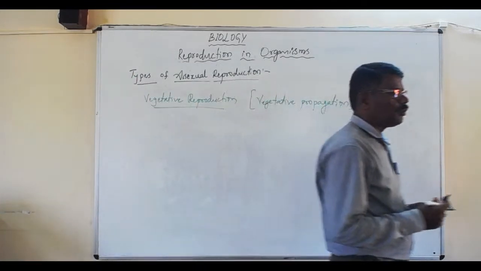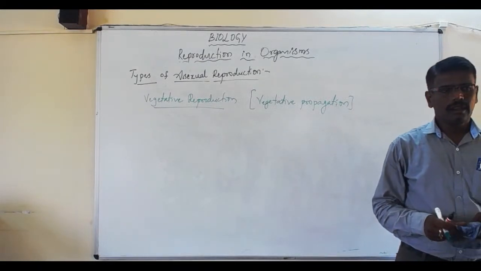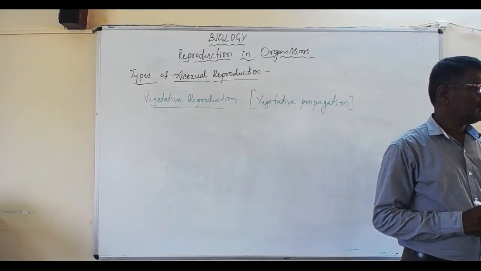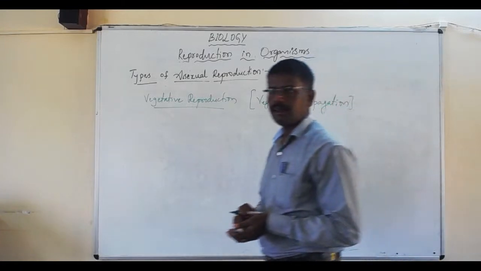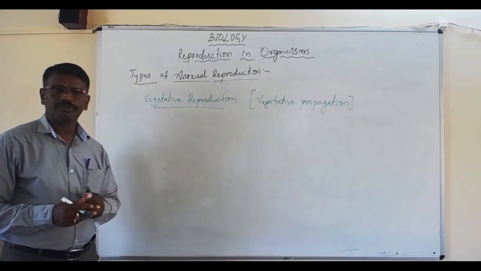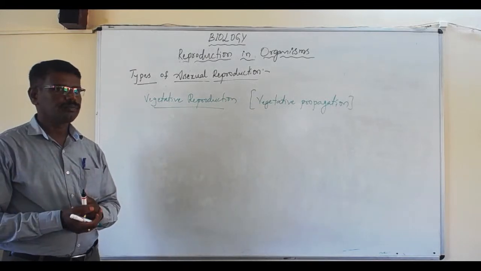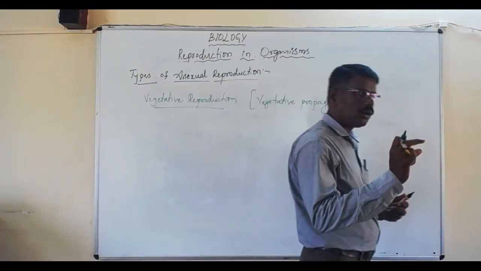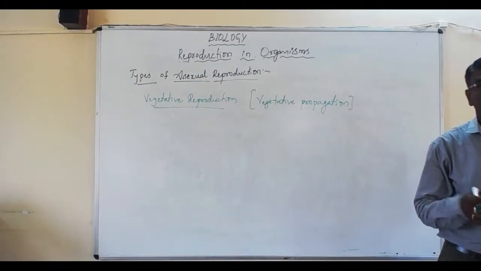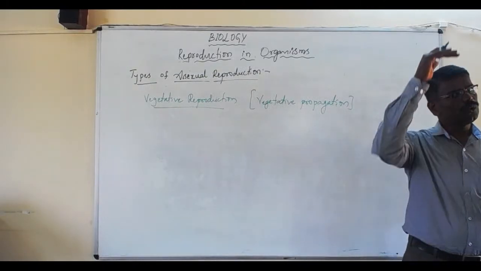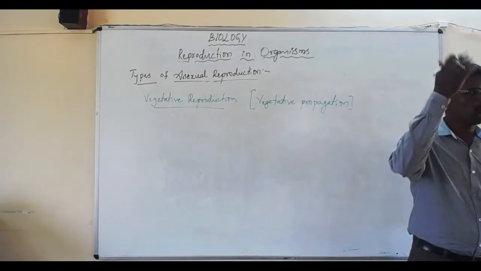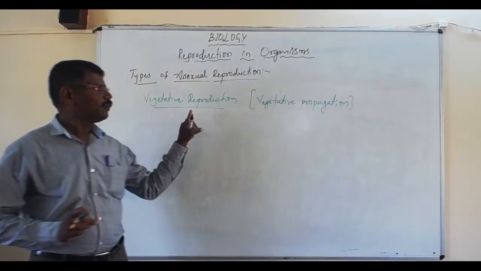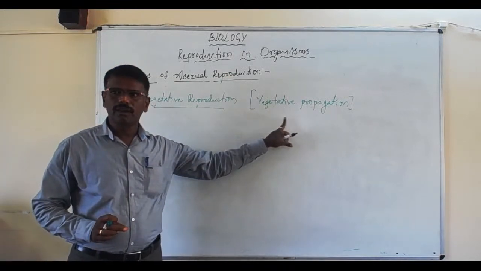So what is vegetative propagation? A part of a plant which is able to produce a whole plant, any part of a plant. For example, a leaf which is able to produce an entire plant, a part of stem, a part of root which is able to produce the entire plant, both root system and shoot system. That phenomenon is called vegetative reproduction or vegetative propagation.